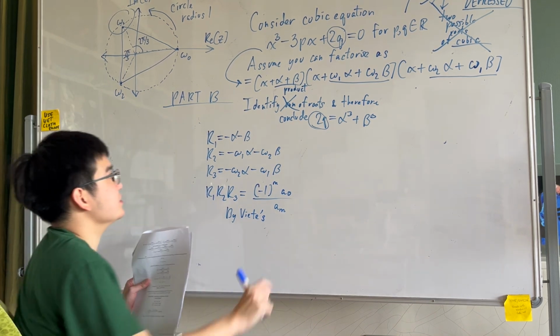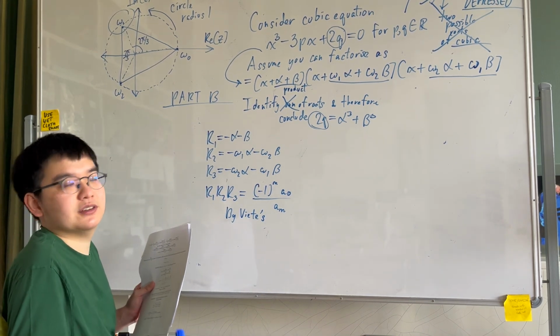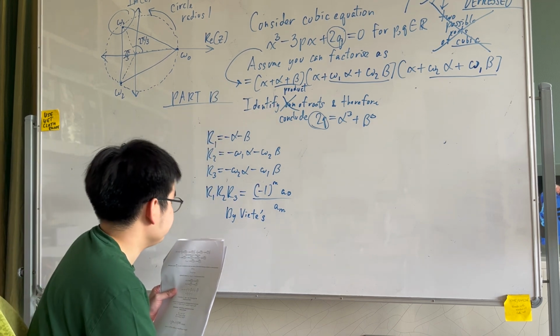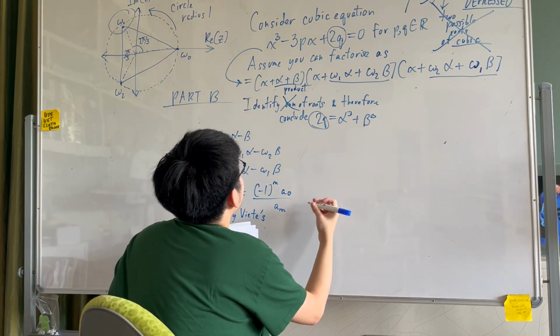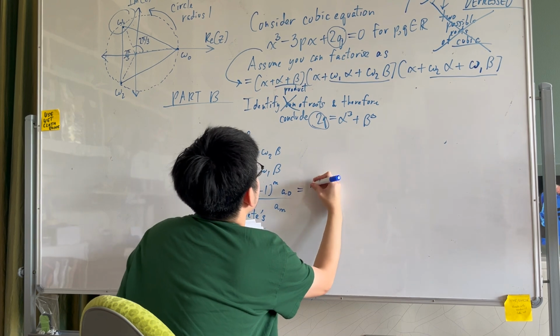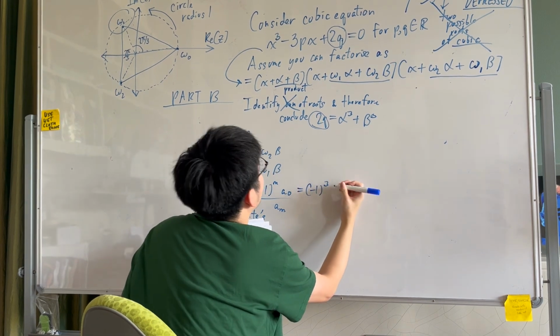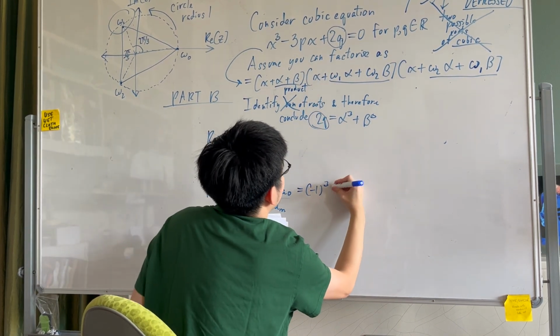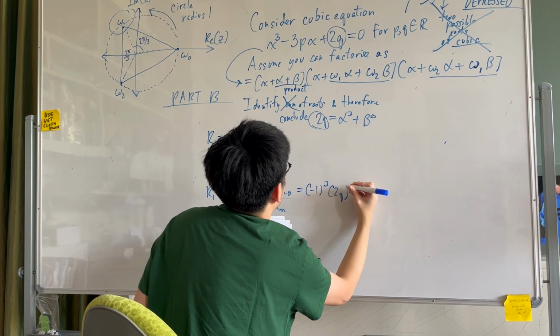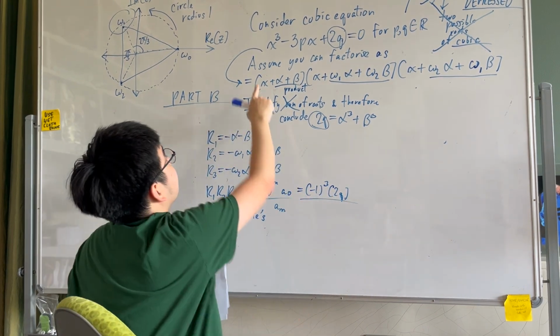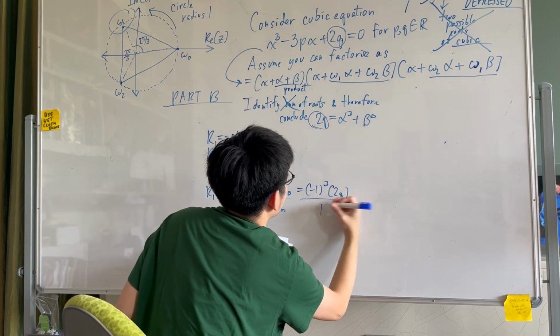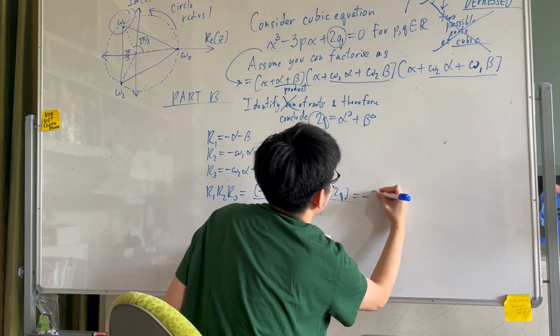And a n is the leading coefficient of your polynomial. So the degree of this polynomial is 3, so we have minus 1 to the 3. A naught we take is 2q. And then we divide by, there's nothing in front of the x cubed, so that's just 1. So we get a minus 2q.